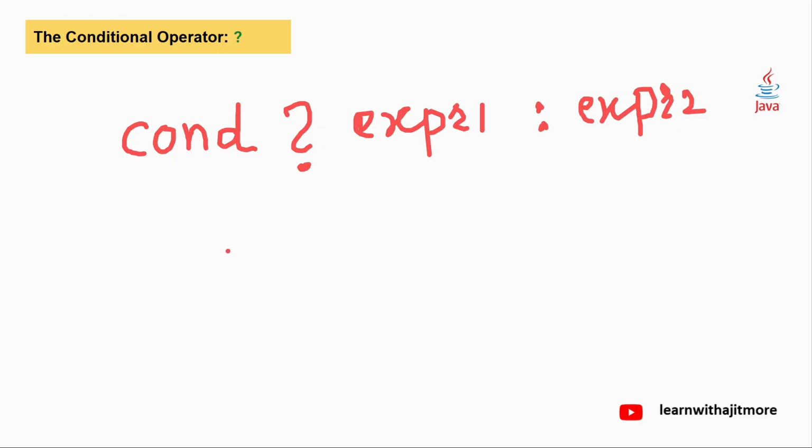One, the short circuit logical operators, the conditional logical operators, that is && and ||. Are they fully evaluated, or is only the first operand evaluated, and on the result of the first operand it is decided whether the second is to be evaluated or not?